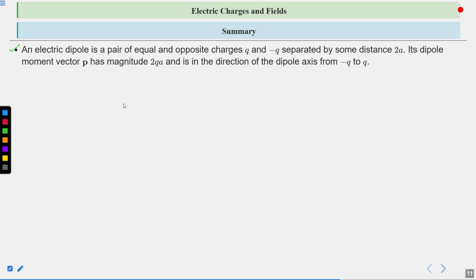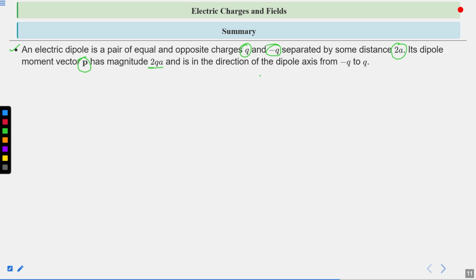Now we talk about the dipole. What is a dipole? A dipole is a system of charges in which two equal and opposite charges, q and minus q, are separated by a small distance, and the small distance is 2a. Its dipole moment is denoted by p vector and has magnitude 2qa.